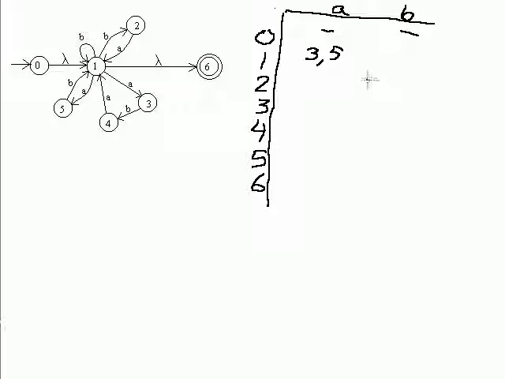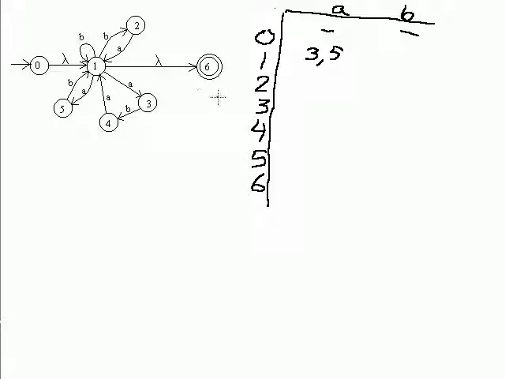Now looking out of state 1 for the letter B, I see I have a transition there and I have a transition there. Now, here's something interesting about this algorithm. When you have used the character that you're wondering about, in this case B, and you have landed in a particular state from which there are lambda transitions, then you incorporate the states you can get to using those lambdas into the group of states you go to.